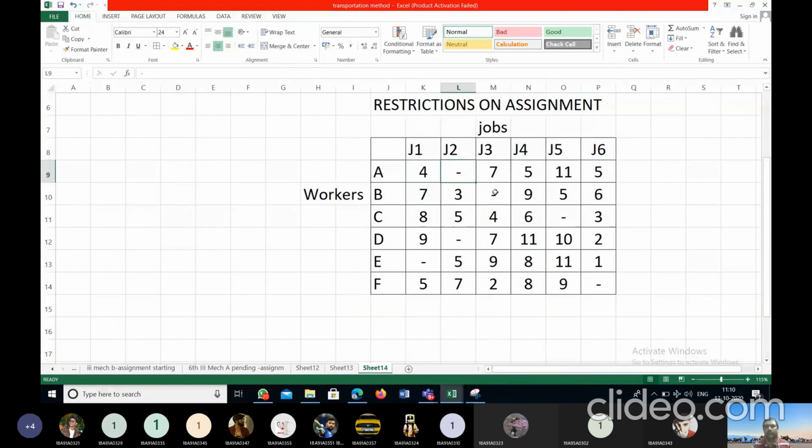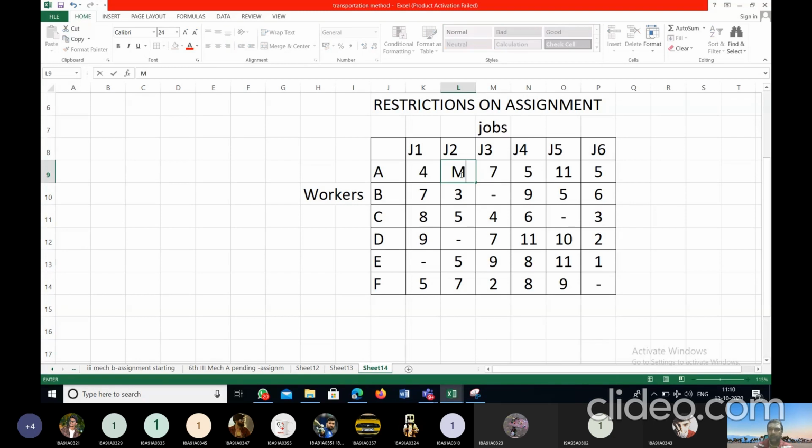So we need to avoid this person. We need to avoid person E for J1, and A and D for J2, like this. So there are some restrictions. These persons need to be avoided. So what you need to do, you consider this restriction cell as a very big number.